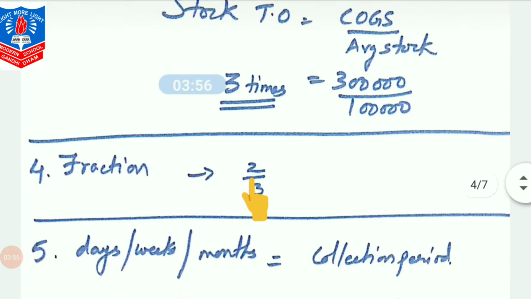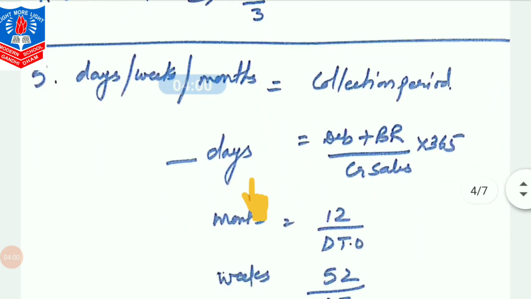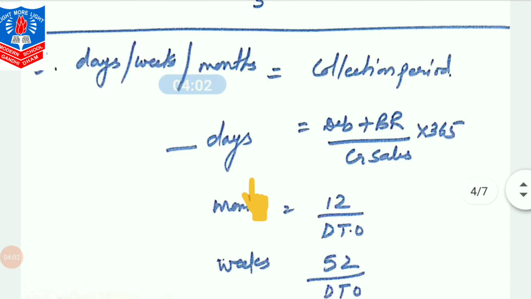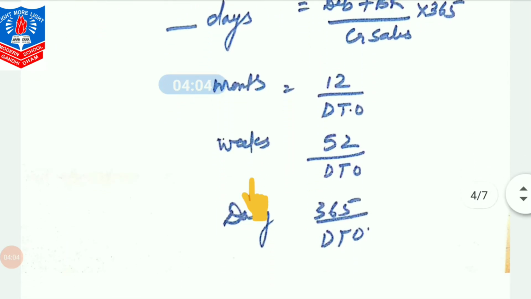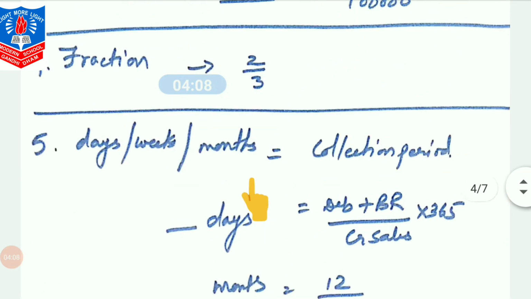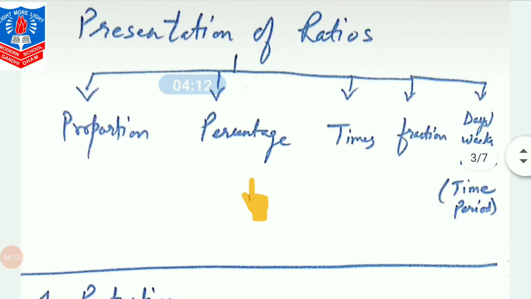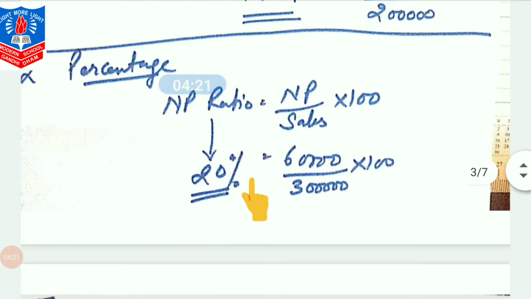Fraction: the answer comes as 2/3. Days, weeks, months: collection period, payment period go in days or weeks or months, depending on how we find it out. So this way we have gone through this topic: presentation of ratio. It can be in percentage, in proportion, in times, in fraction, or in days.